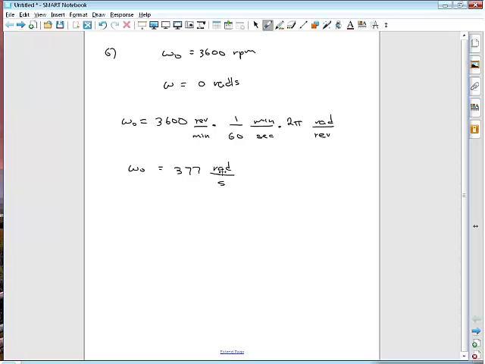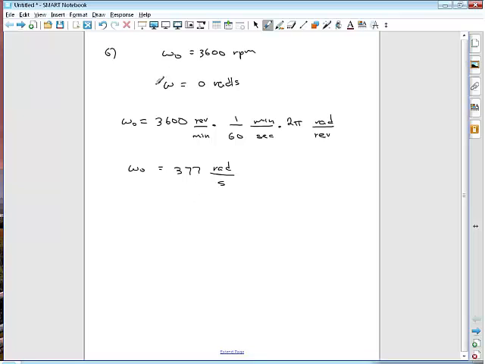One thing I have to remember is radians are unitless. A radian is the ratio of the distance traveled around the circumference of the arc divided by the radius. And so they're both in inches or feet or whatever. So radians are actually unitless. Sometimes omega is just shown as 1/seconds. But I'm going to explicitly show radians here.